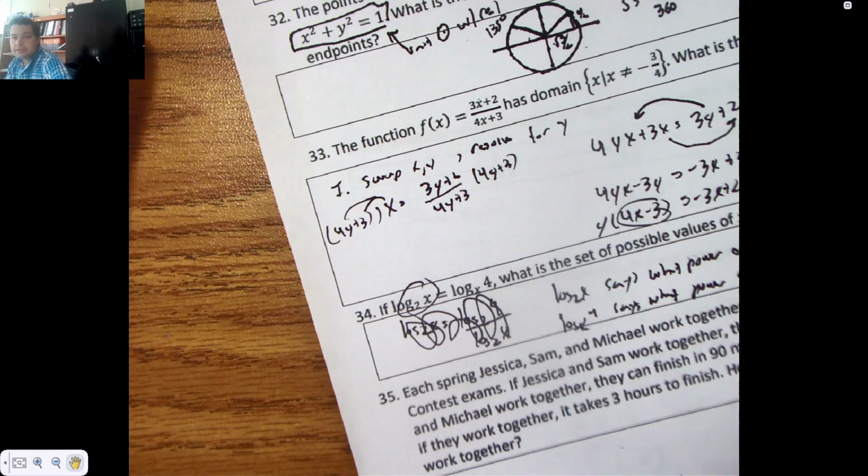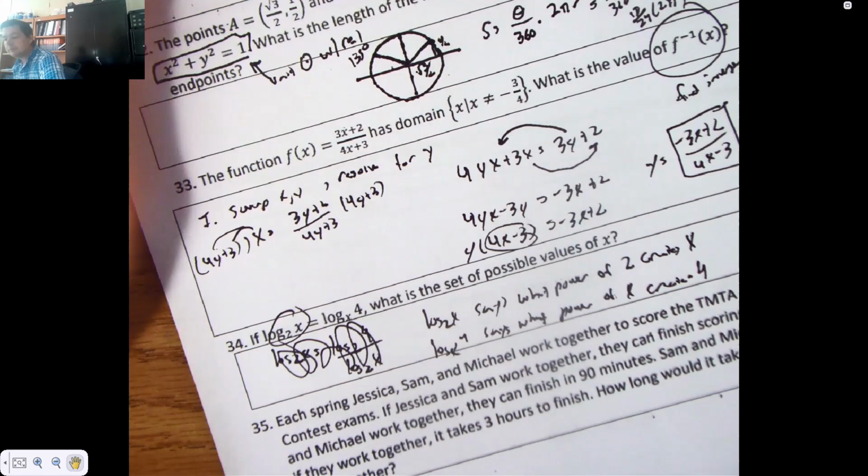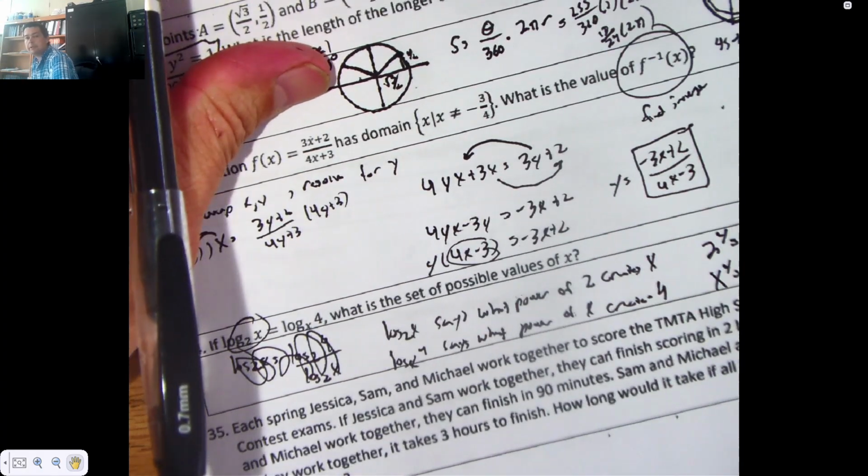So the left-hand side is really saying 2 to what power of y is x? And the right-hand side is literally saying x to what power is 4? Kind of funky, isn't it?